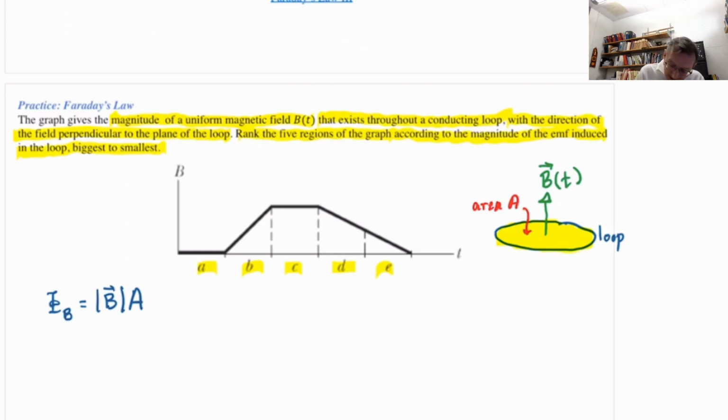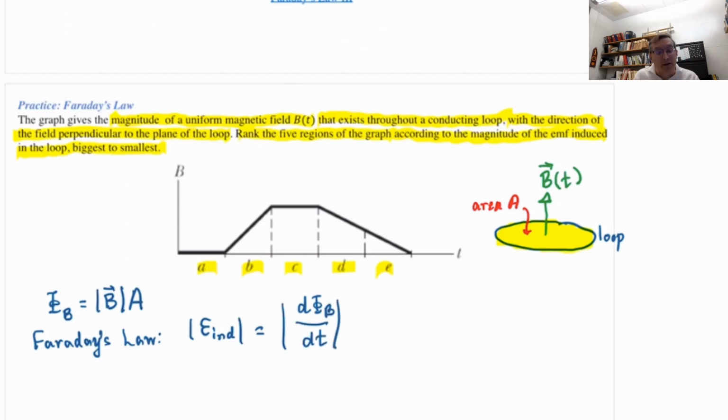Now Faraday tells me, through Faraday's law, that the magnitude of the induced EMF in that loop will be given by the magnitude of the rate of change of the magnetic flux through the loop, d phi sub B dt.